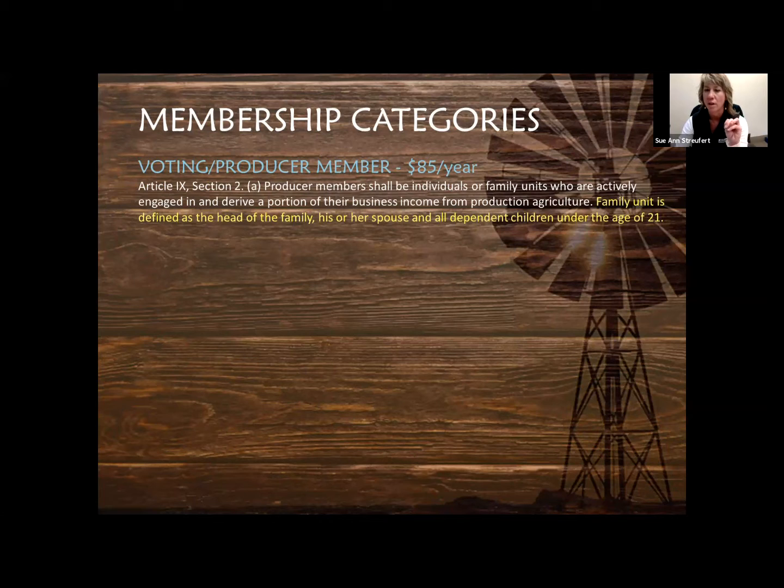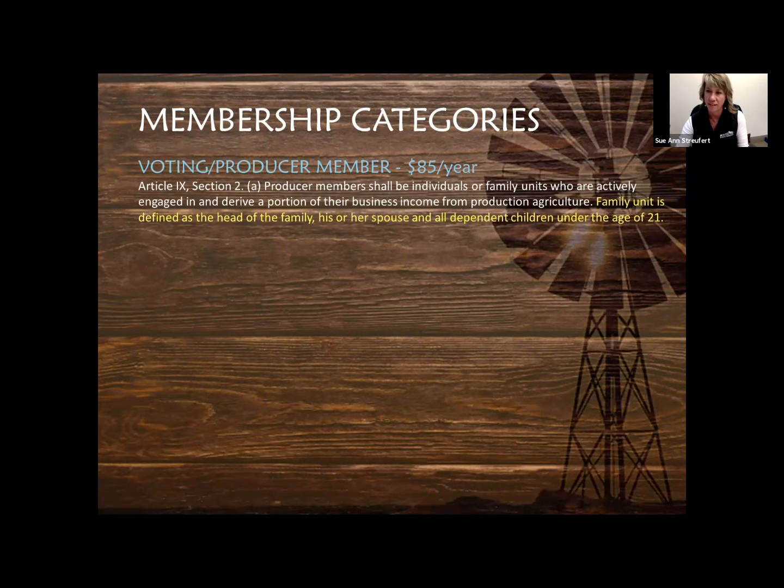There are two names allowed. So family is a head of the family, a spouse, and dependent children under 25. There have been a couple of instances lately where we have had a young farmer and rancher member over the age of 25 who wants to just be on their parents' membership.